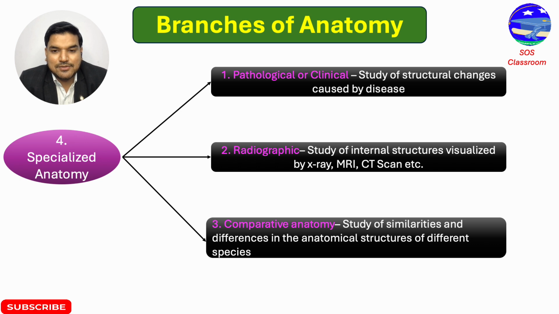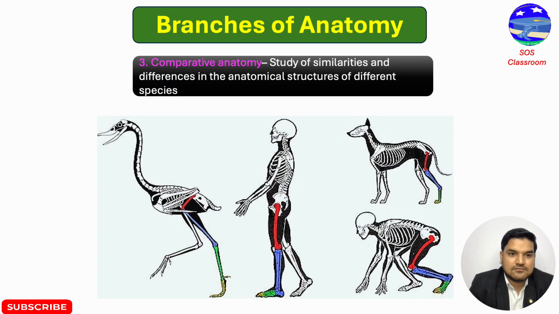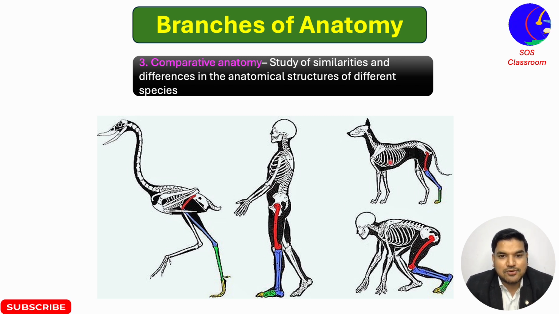So this comes under the comparative anatomy. Generally, this type of anatomy we do in research studies. You can see here comparative anatomy, the human anatomy compared with the birds and human anatomy compared with the animals. So these all are about the branches of the anatomy.